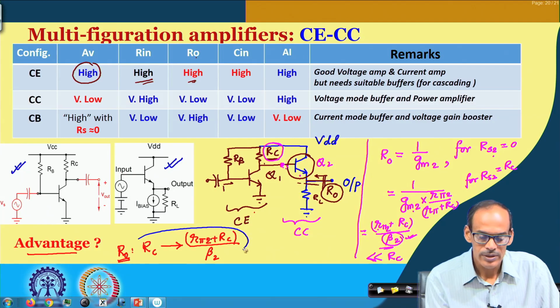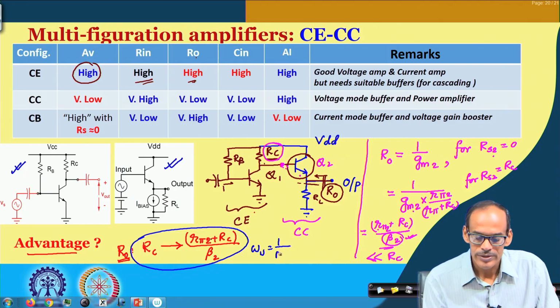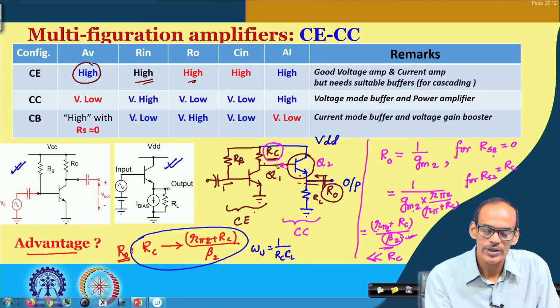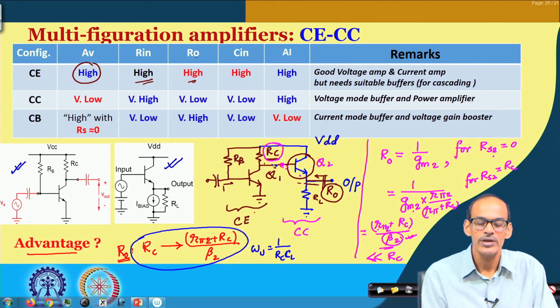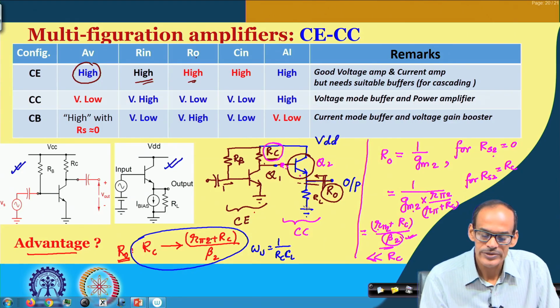By this, the upper cutoff frequency earlier was decided by, say, RC with CL, in case you are connecting a load capacitance directly there without considering the CC stage.